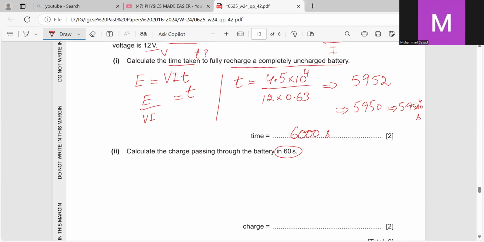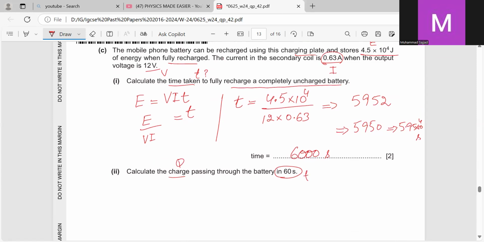Then calculate the charge passing through the battery in 60 seconds. Be very careful. Mostly students are using the time in the previous part. I know it is 60 seconds. Charge Q, time is there, current is already in the data.